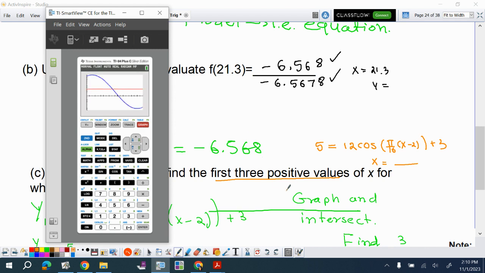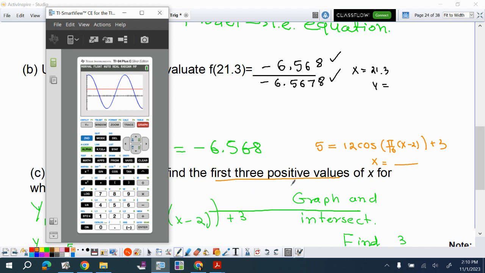Now again, I can only see one intersection. So let's go back in the window and say X maximum is 50. Now I have to find these three intersections, 1, 2, and 3. So let's check the window again: 0 to 50, negative 10 to 15, as long as I can see three intersections.